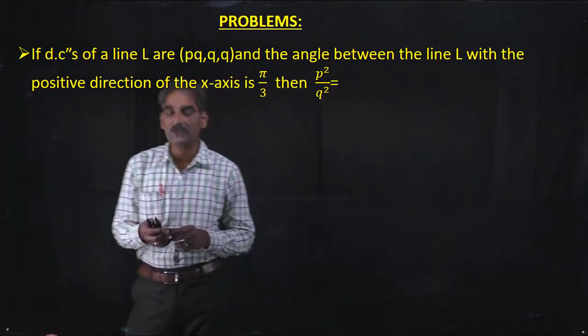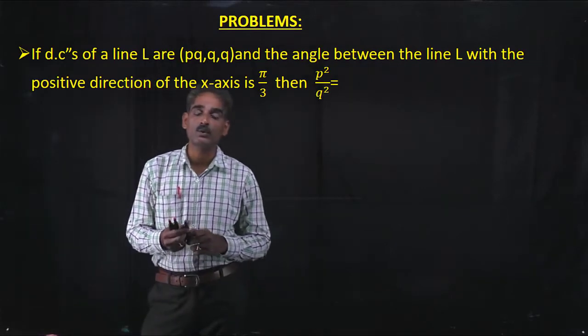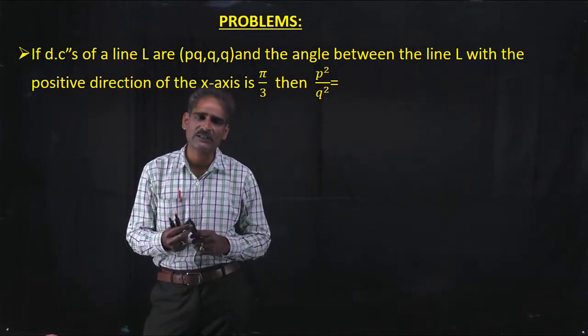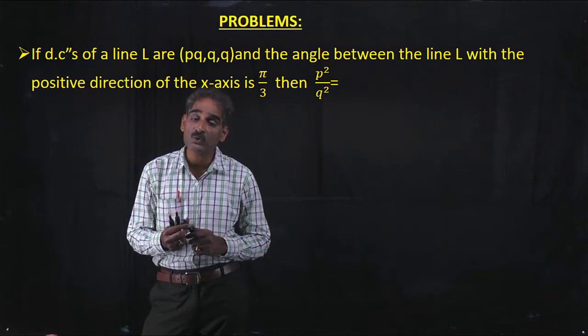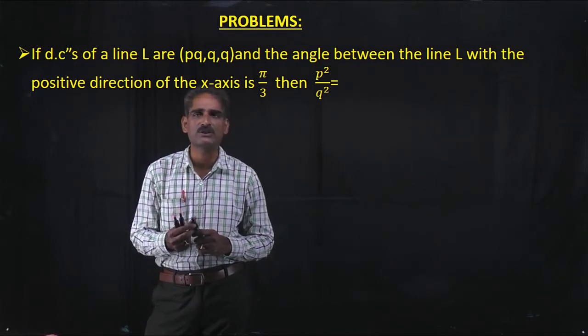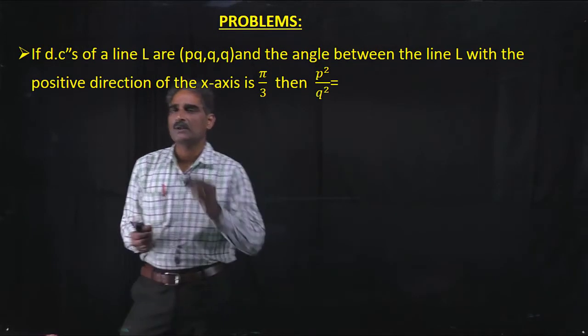If the DCs of the line L are p√q, q, q and the angle between the line L and the positive direction of the x-axis is pi by 3, then what is the value of p square by q square?